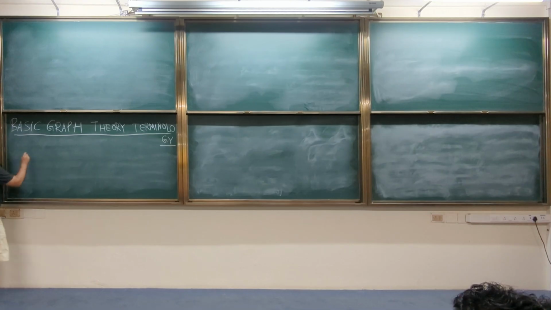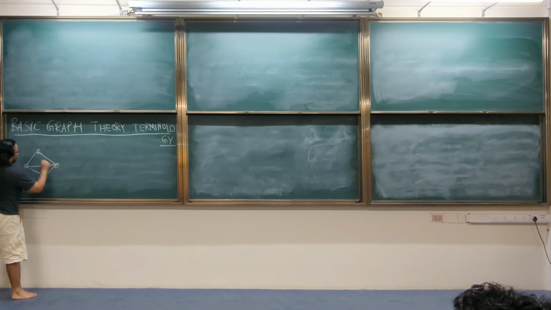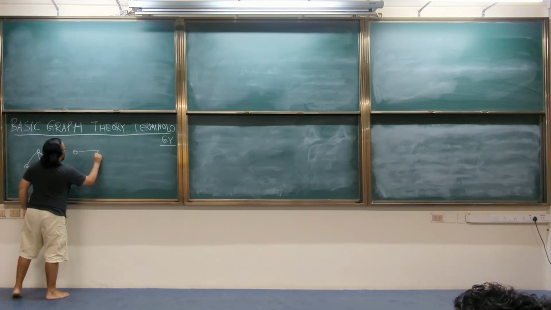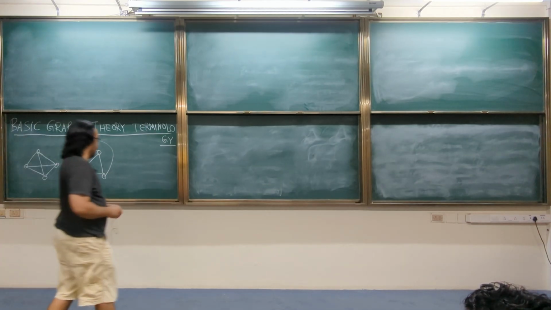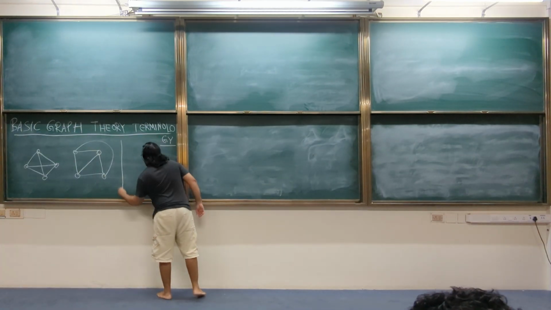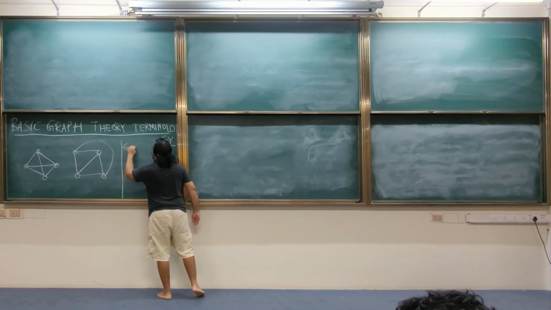Right, so here's another example, slightly different from what I did last time. And you can draw this differently. There are two drawings of the same graph. You have four vertices and you have an edge joining any two vertices, right? So in that sense, graph is an abstract mathematical object.